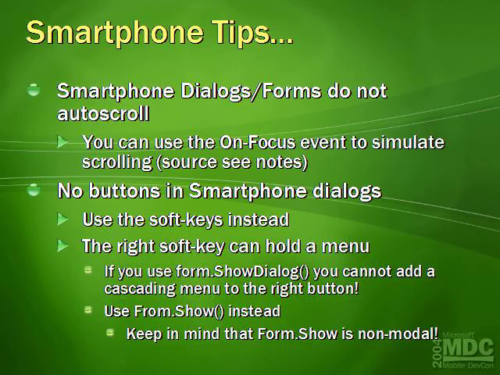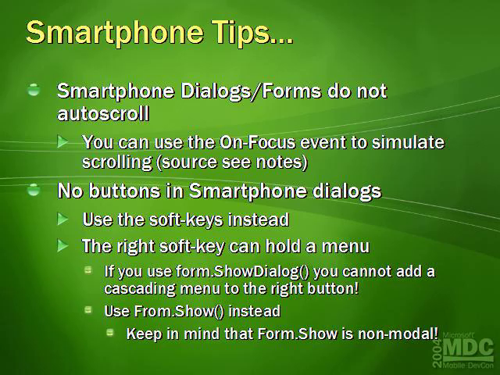And another thing you have to be aware of: smartphone doesn't have buttons in dialogues. Very strange thing, and I thought I did something wrong when I did that, because I had no idea what the reason was. The main reason I was given is that there are these two hard buttons on the bottom of each screen that you should use for OK and cancel.